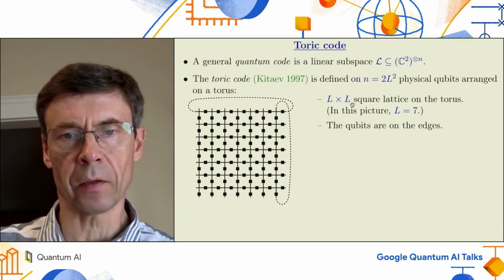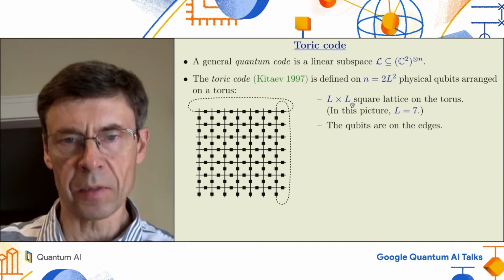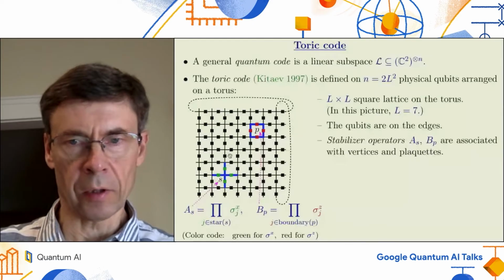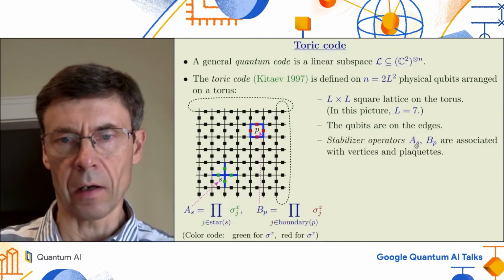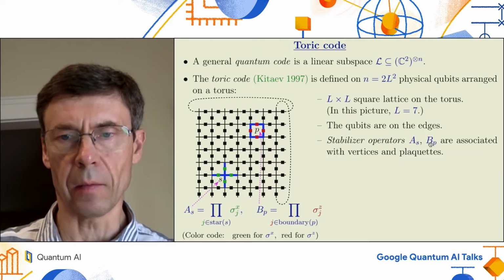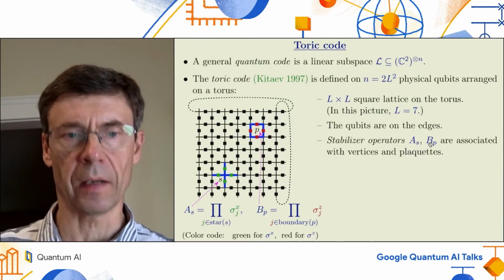Now, the code is defined in terms of stabilizer operators. Stabilizer operators are specific products of Pauli operators. In particular, we have stabilizers A sub S associated with vertices and stabilizer B sub P associated with plaquettes.